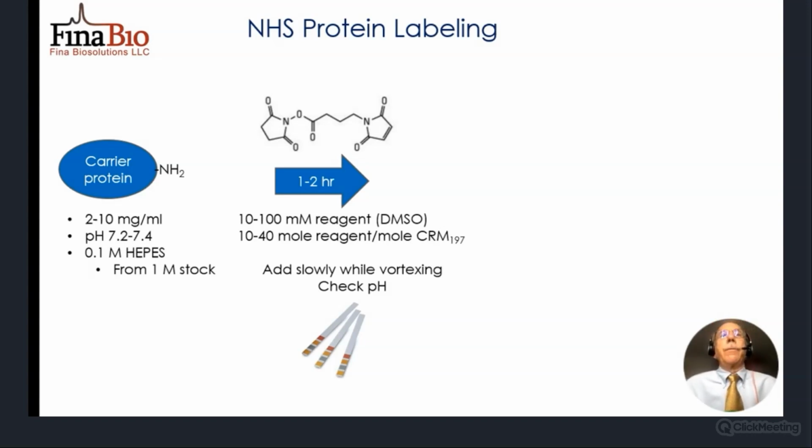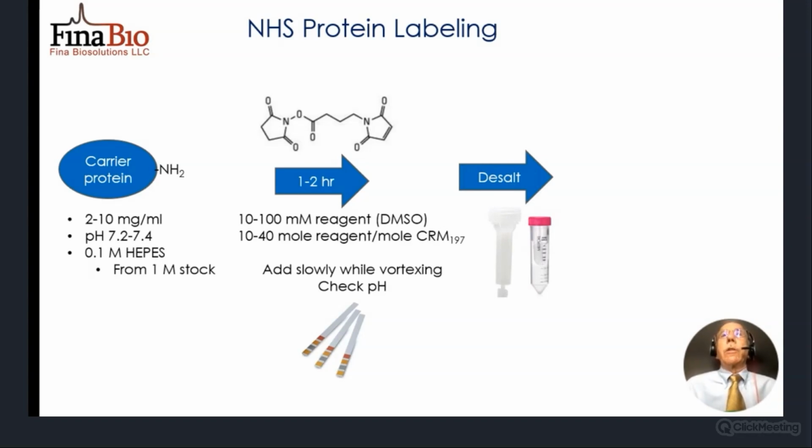and you're really not going to get that much more peptide on. I would add the NHS ester reagent slowly because it is in organic solvent and you're adding it to a protein. Gently vortex it while doing the addition, and I recommend perhaps checking the pH just to make sure that it hasn't dropped, because DMSO can cause the pH to drop.